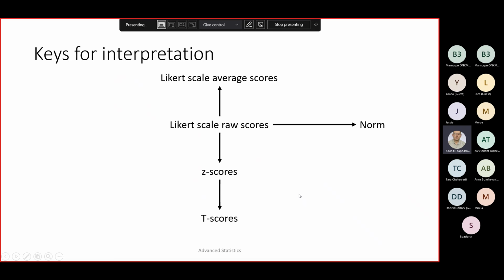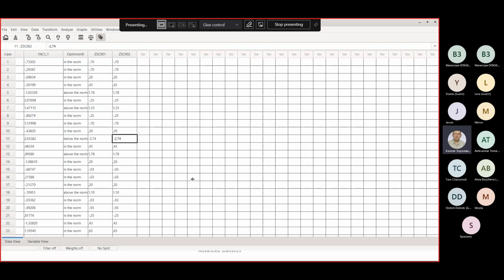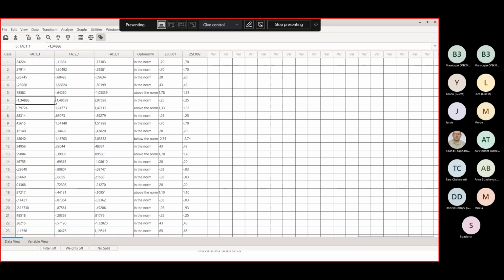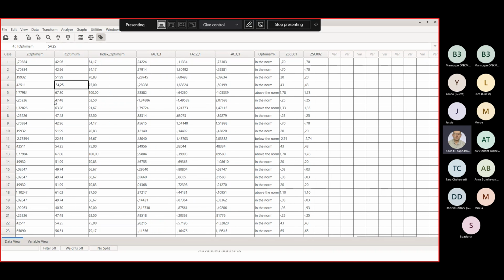So move Z-scores, then multiply by 10 and plus 50. And then we have new variable here, the optimism, with these T-scores.